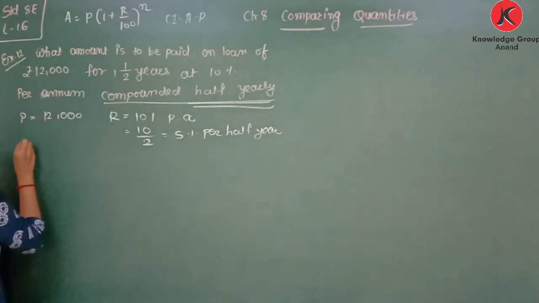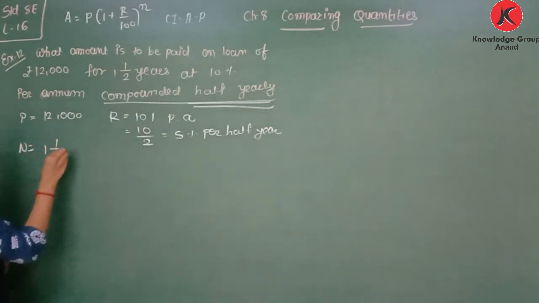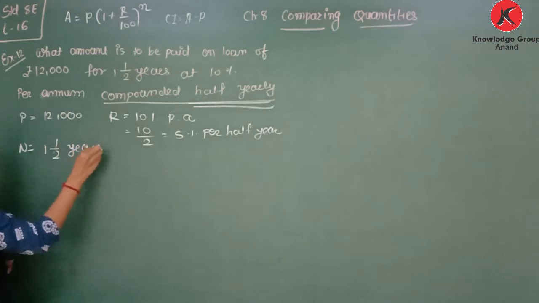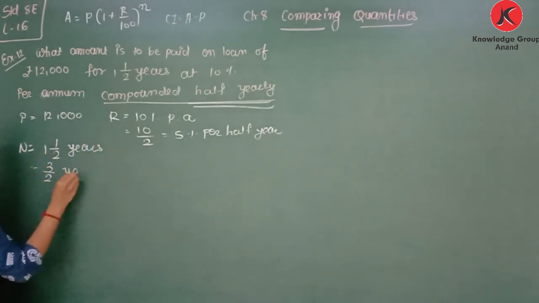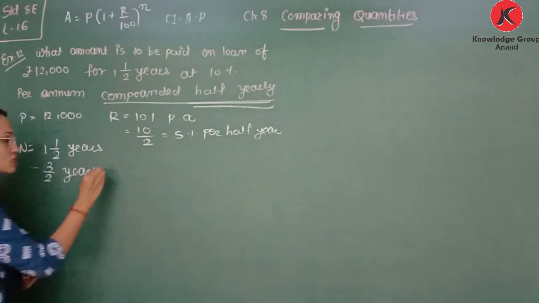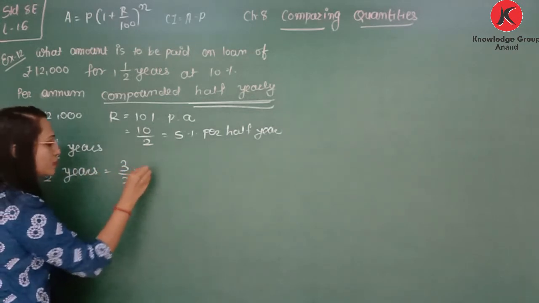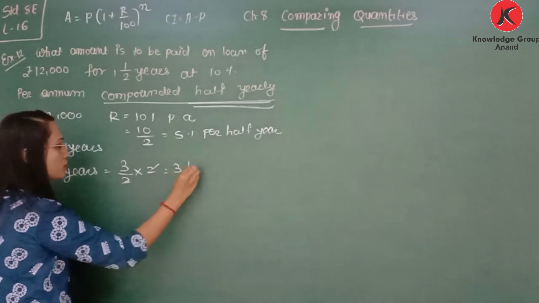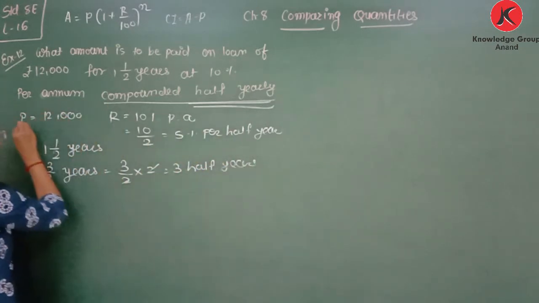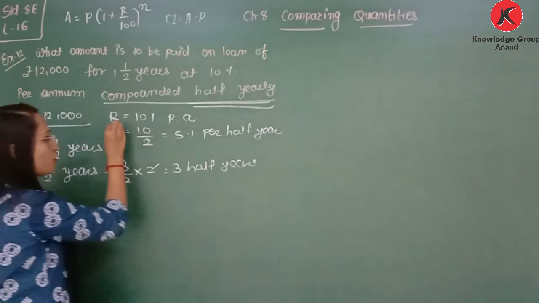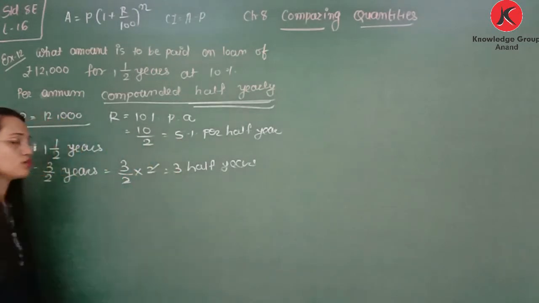Now our n is 1.5 years. So 2 ones are 2 plus 1, that is 3 by 2 years. How many half years? 3 by 2 multiplied by 2, so it is 3 half years. So our principal value is 12,000, rate of interest is 5% and n is 3.